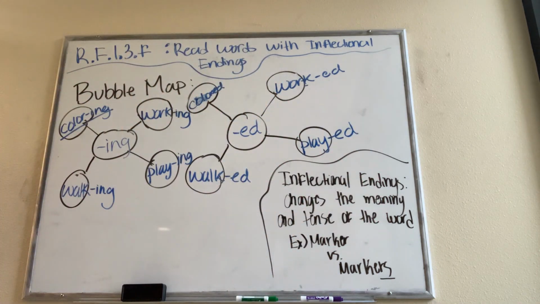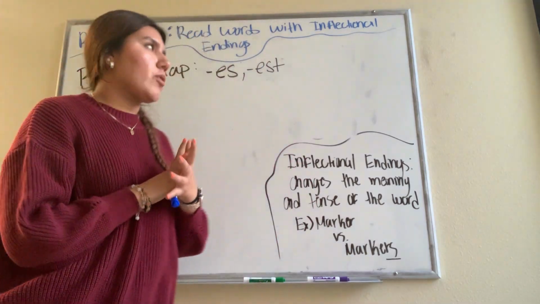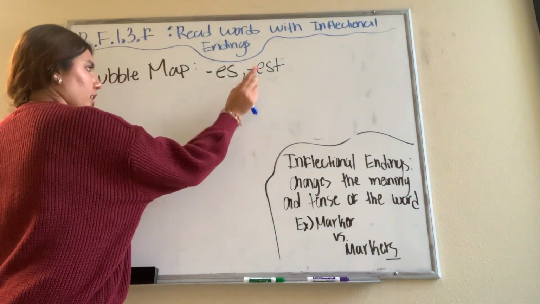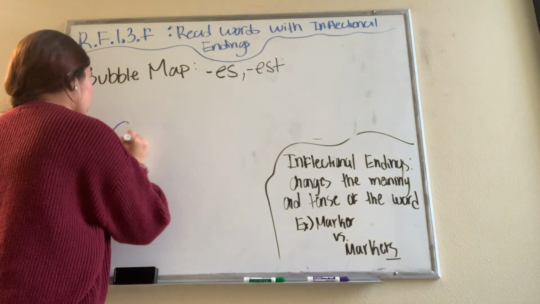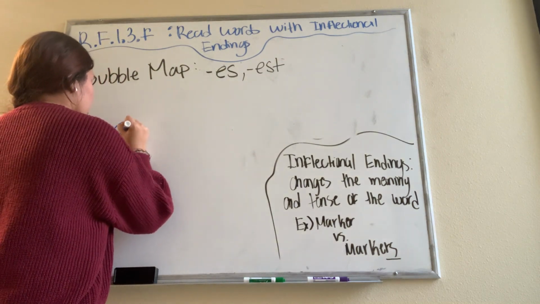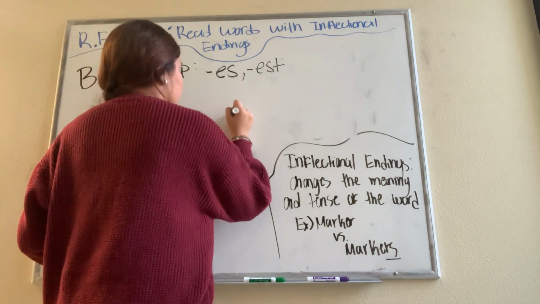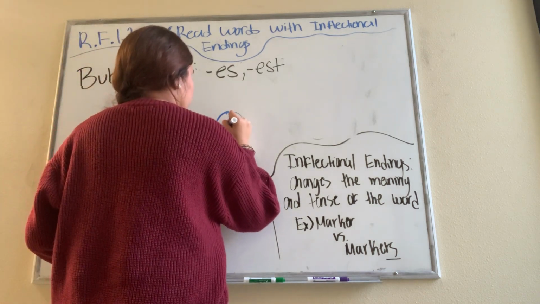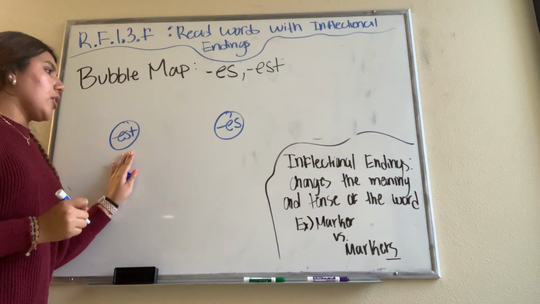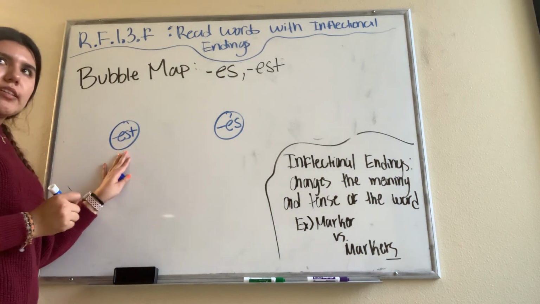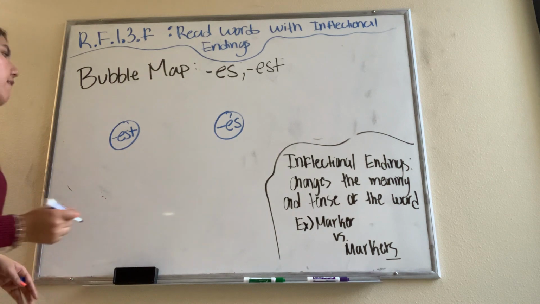There we go. Okay, now we're going to be going over two different inflectional endings, which is est and es. So right here we're going to do est, and then on this side we're going to do es. One word that we can use, give me an example, would be fast.